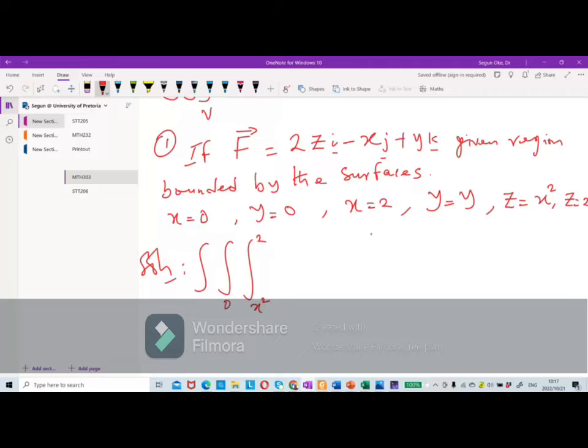So if I said 0 to 4, 0 to 2, our F, because I will still ask questions, dV equals integral of 0 to 2, integral of 0 to 4, and integral of x squared to 2. What is our F? Why did we see 4?